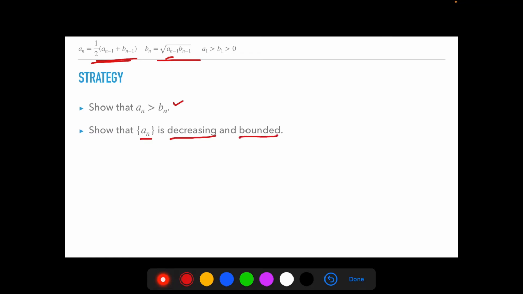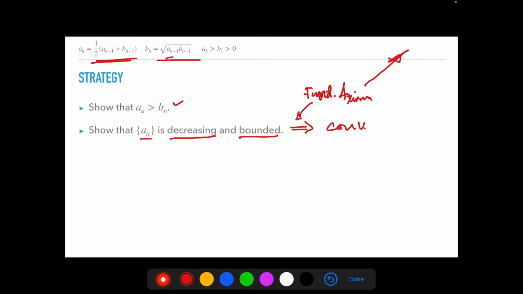And if it's monotonic decreasing and bounded, then we have a convergent sequence. And we know this from the fundamental axiom. So we decided that our fundamental axiom will be the assertion that the number line does not have holes.